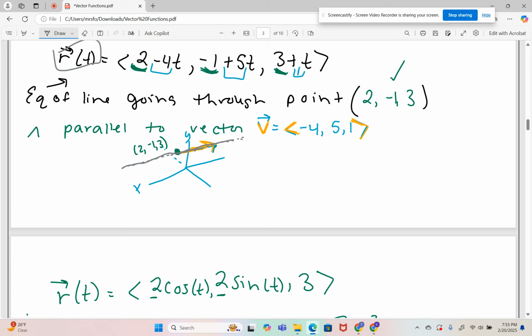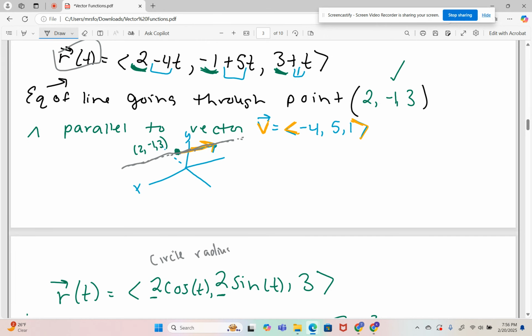So now if we have vector r of t, 2 cosine t, 2 sine t, and 3. Looking here, if you see the 2 cosine and 2 sine, you might notice that is going to be a circle, radius 2.